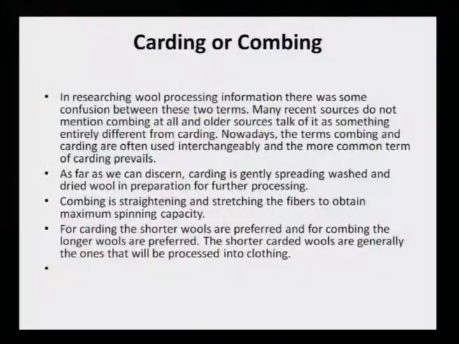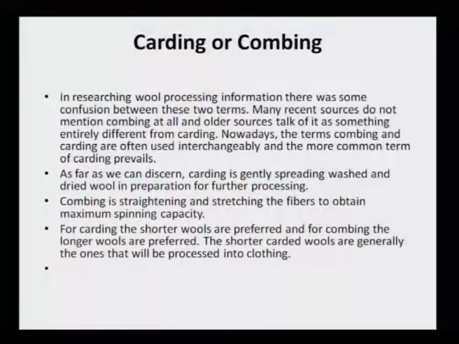As far as we discern, carding is gently spreading washed and dried wool in preparation for further processing. It is just like straightening out, so that there are no entanglements between the skeins of the yarn.